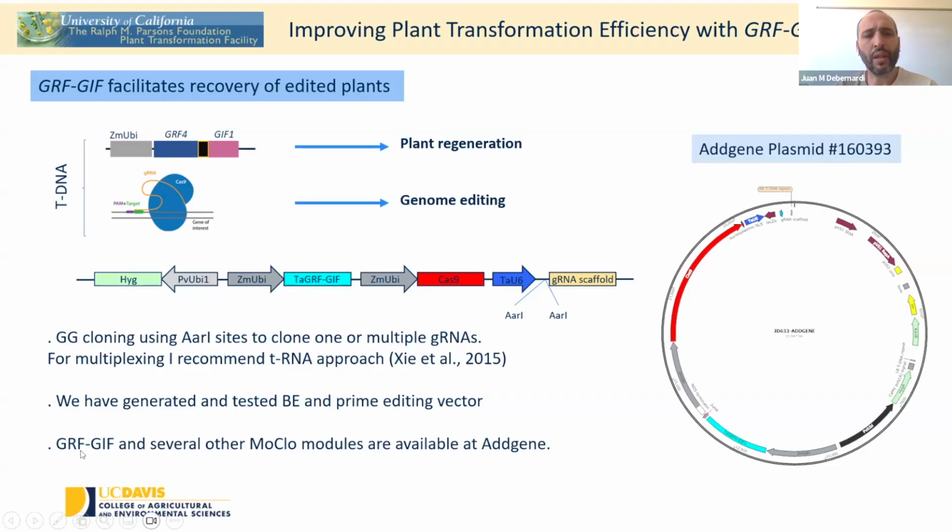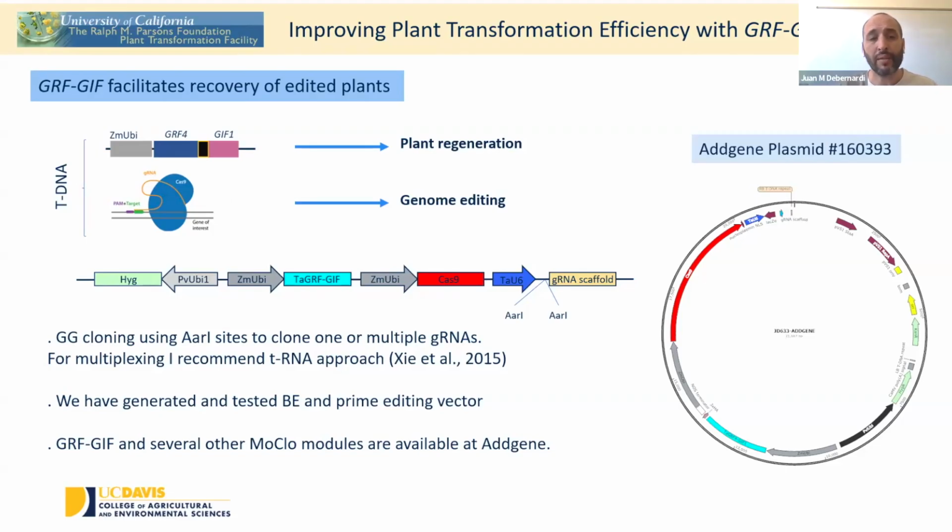And there are many other modules. Something that I want to say is that I'm switching a lot of our clones to the MoClo system because I feel there are a lot of resources, modules already in Addgene. Cloning is very simple, so I'm trying to move everything into that.